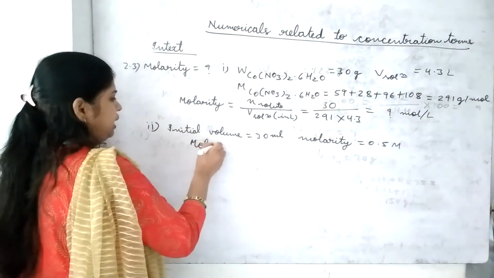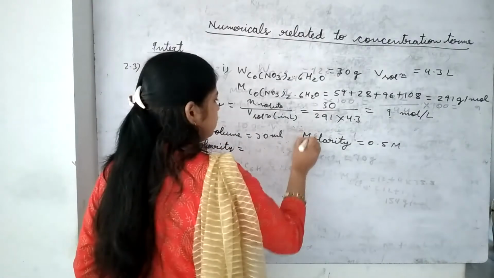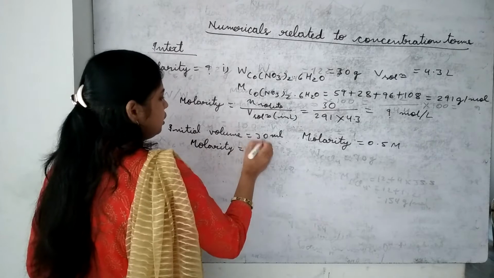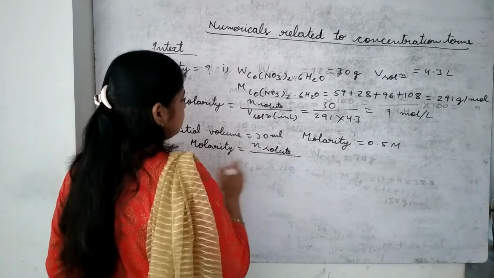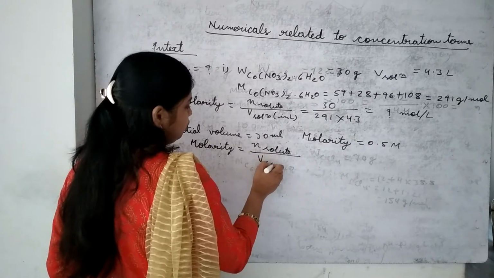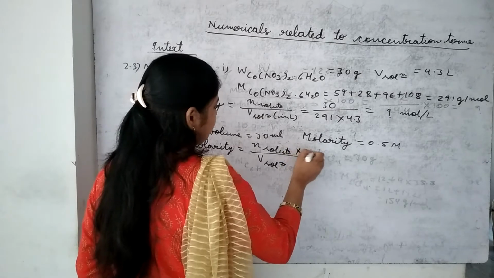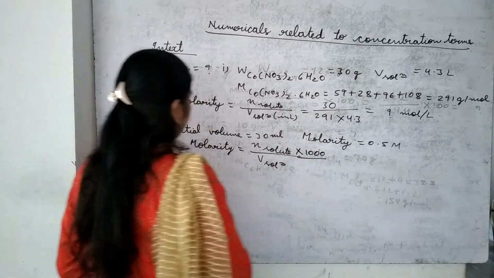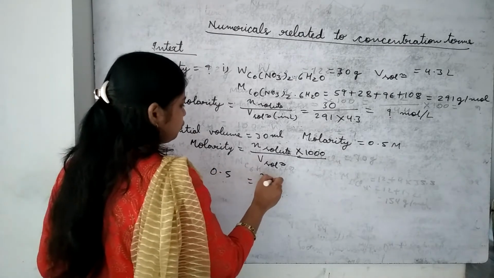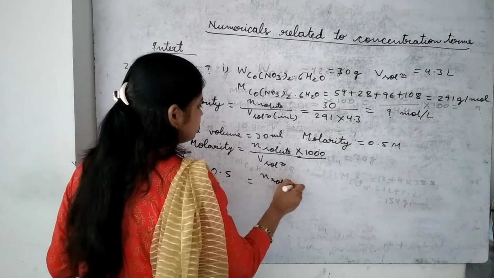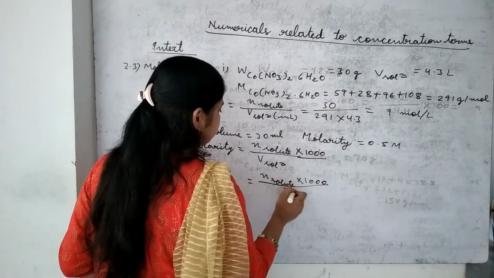So molarity is equal to the number of moles of solute, here the solute is H2SO4, divided by the volume of solution in liter. It is given in ml, so the formula will be multiplied with 1000. Molarity is 0.5, number of moles we are going to find, into 1000 divided by 30.